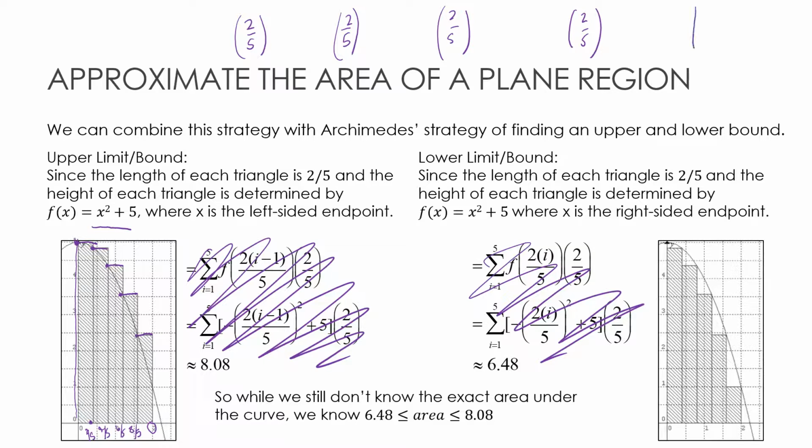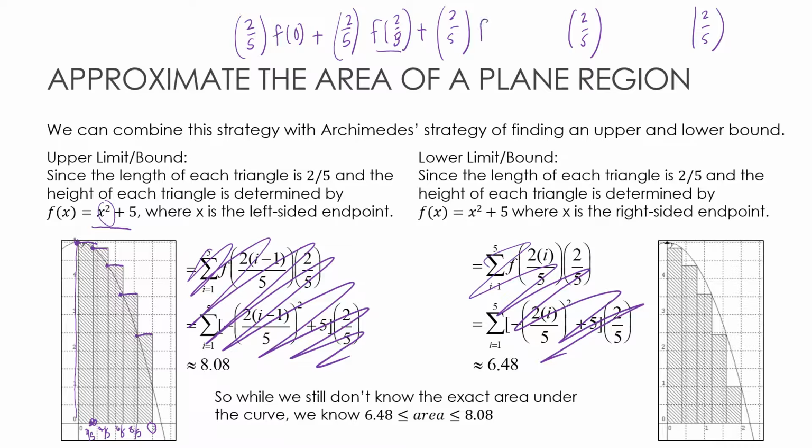Again, I'm doing this the really long way. And then the height of the first rectangle is 5, which is what happens if I take f of 0, because f of 0 would be 0 squared plus 5, which is 5. And then I would take f of 2/5, because that was my next x value, so I'd plug in 2/5 and find that answer.